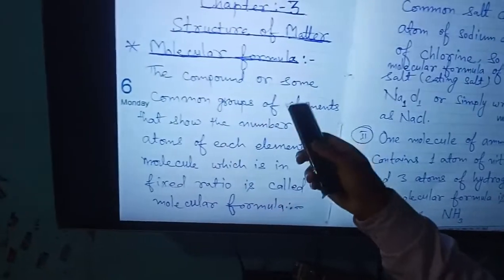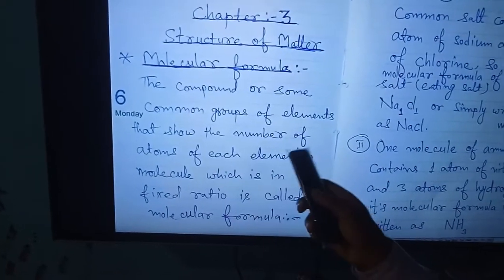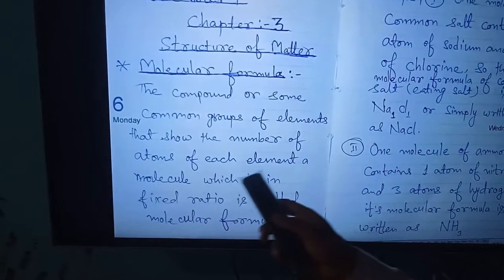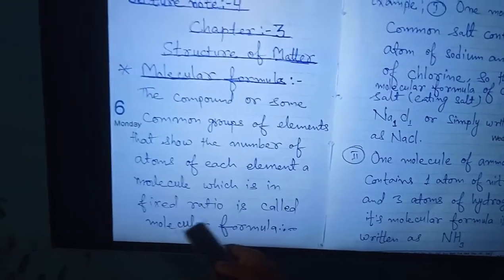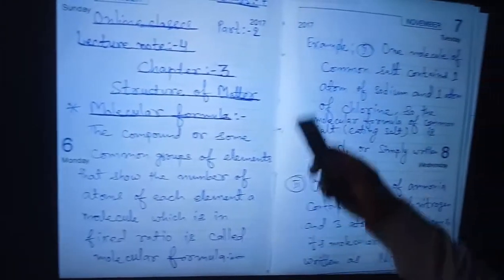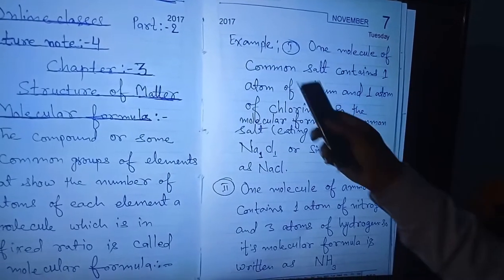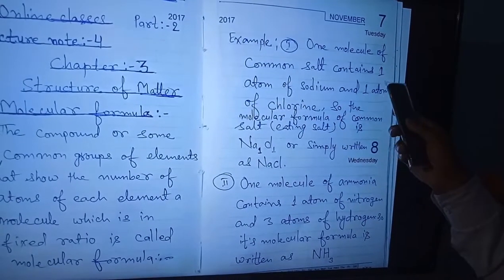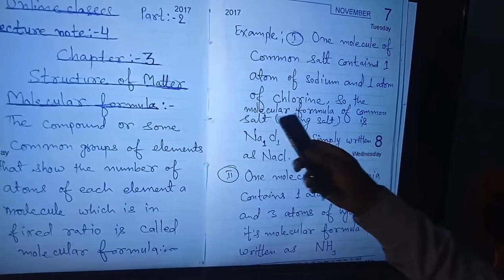The compound or some common groups of elements that show the number of atoms of each element in a molecule, which is in a fixed ratio, is called molecular formula. Example: one molecule of common salt contains one atom of sodium and one atom of chlorine.